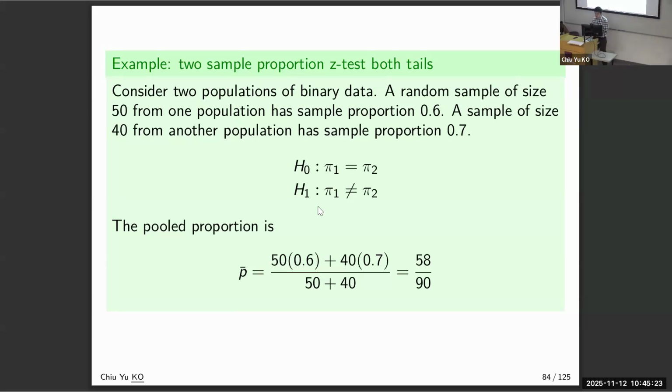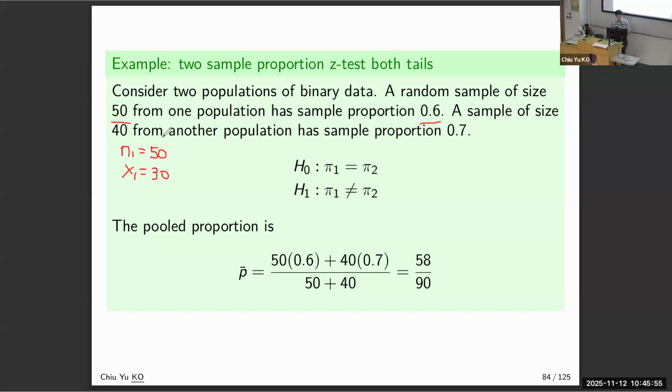Maybe a random sample from boys, 30 out of 50 boys, 60% like it. So in this particular example, it means N1 is 50 and X1 is 30.